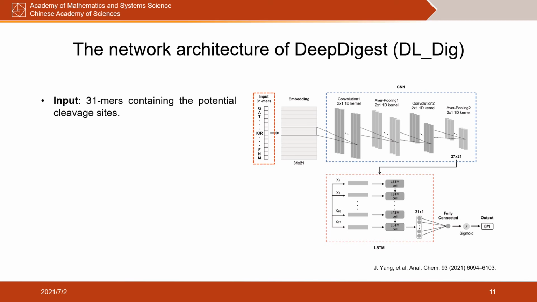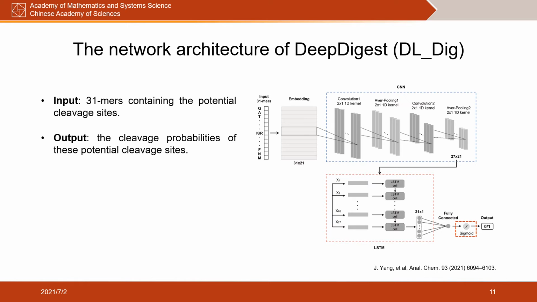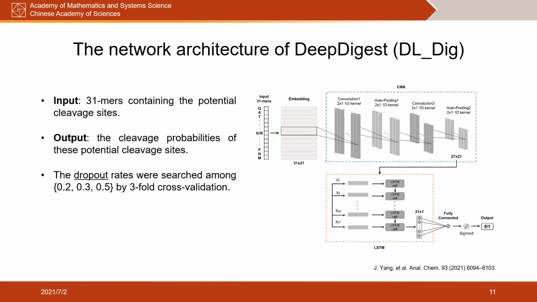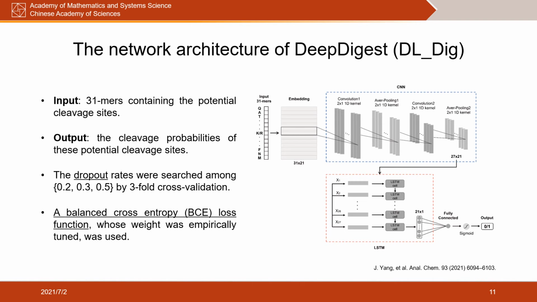The inputs are the 31-mers containing the potential cleavage site, and the cleavage probabilities of these potential cleavage sites are predicted by a sigmoid function. To avoid overfitting, dropout techniques are used. Furthermore, to overcome the imbalance problem, a balanced cross entropy loss function is used.